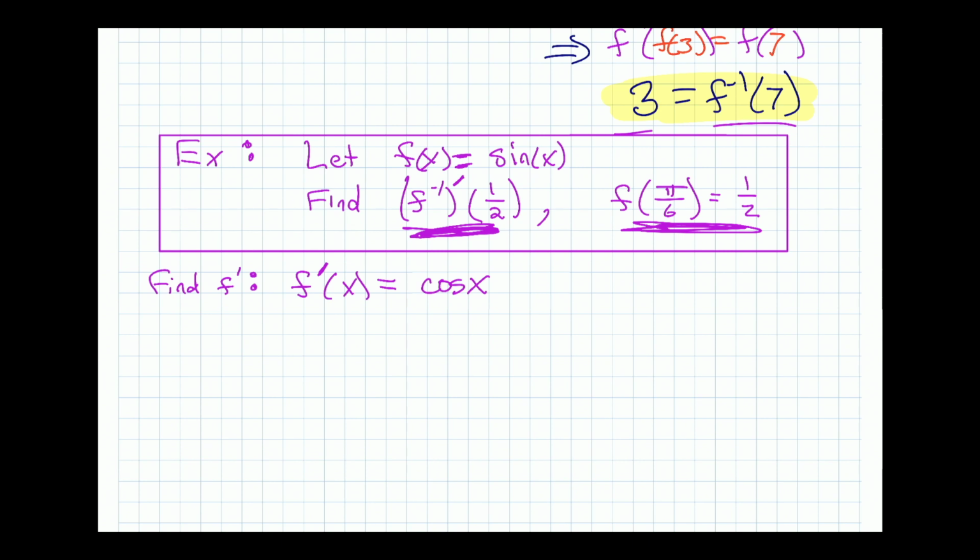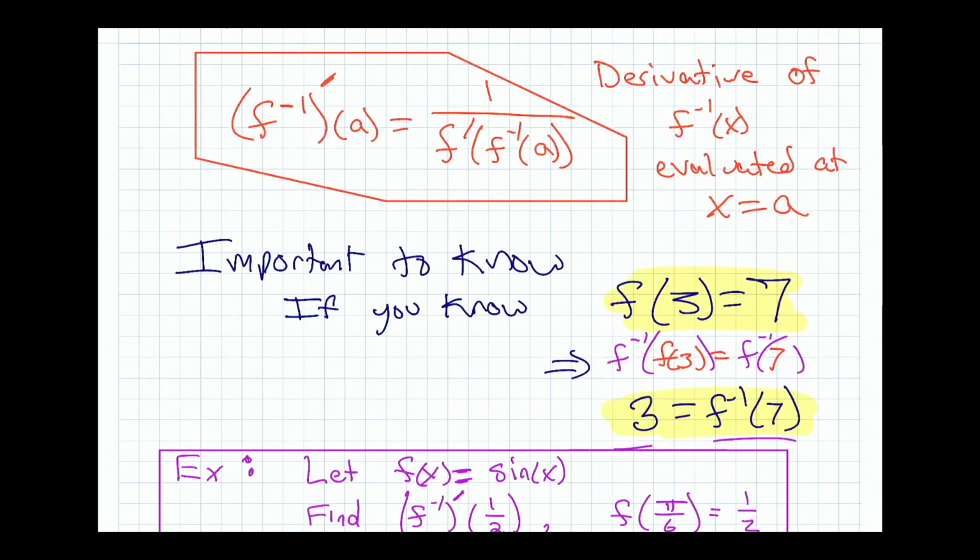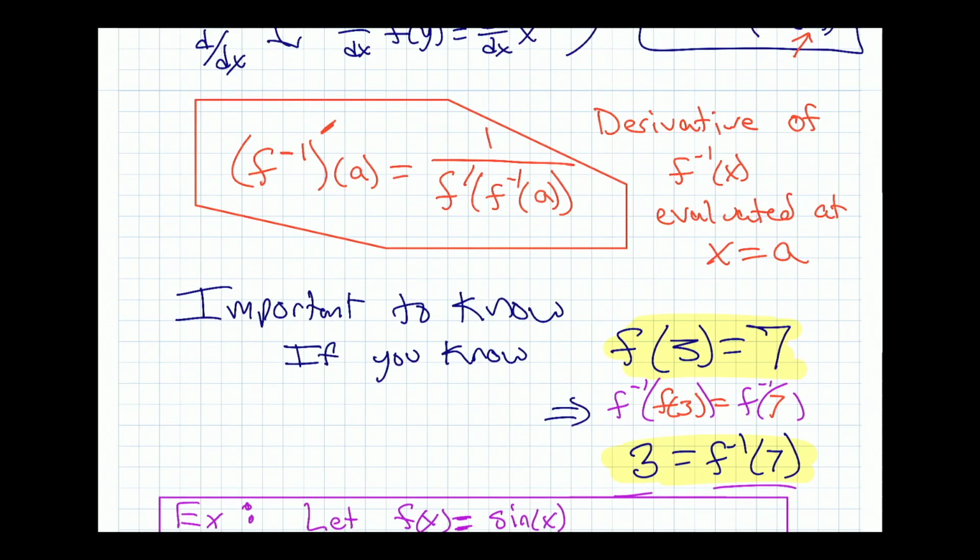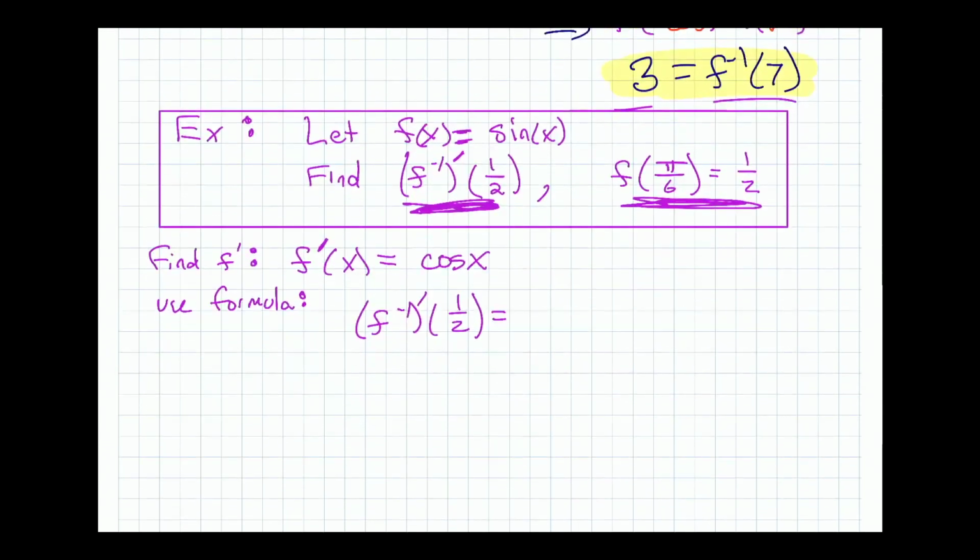Not always, but I mean most of them. So f prime is cosine. Okay, now we want to use our formula. So what we're asked for is f inverse prime of 1/2. And according to the formula, it is, look at it right here, 1 over f prime of f inverse of whatever the number is.